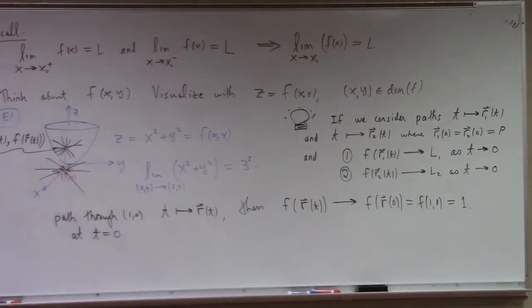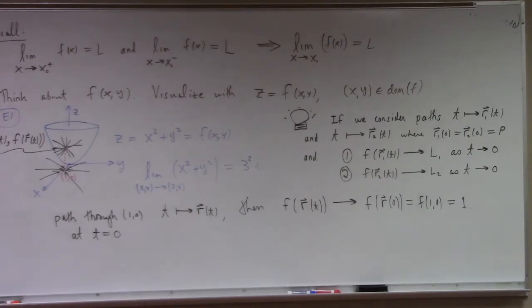If you could find paths R1 and R2 through the limit point such that when you evaluate the function in question, you get limit L1 and limit L2 on these two different paths, if they don't agree, then can the limit exist?